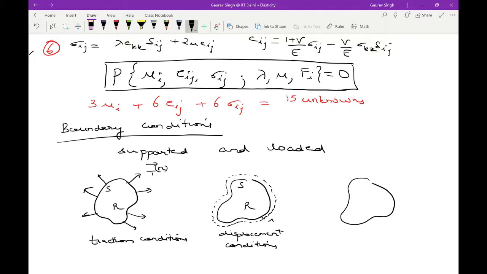We have this given displacement u, and the third situation can be that part of it, which is SU, has displacement specified, and the other part of it has the traction specified.